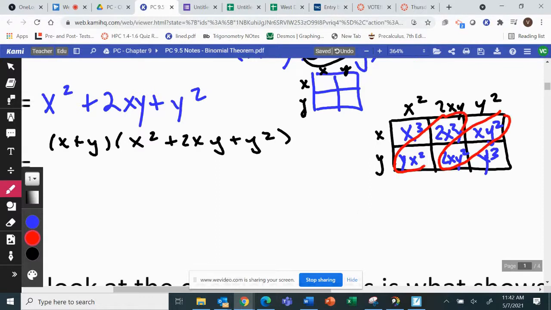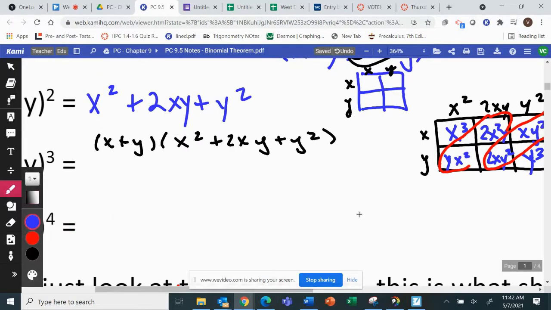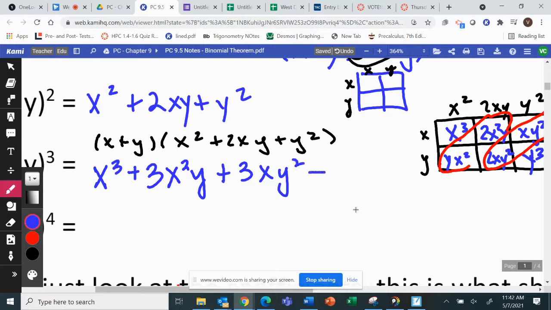Even though the y is out of order, we can arrange the order. So we'll have some like terms. We're going to combine our like terms. And for the third power, we will get x cubed plus 3x squared y plus 3xy squared plus y to the third.